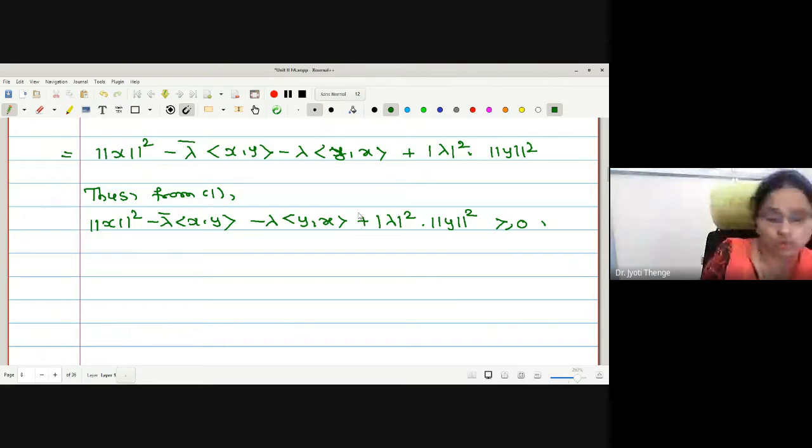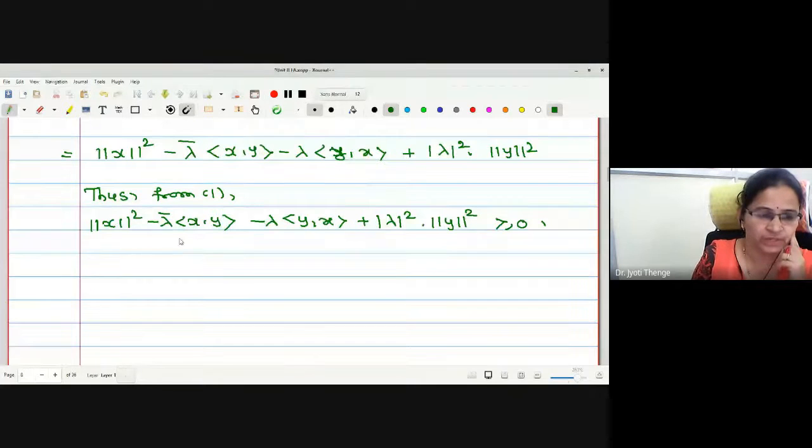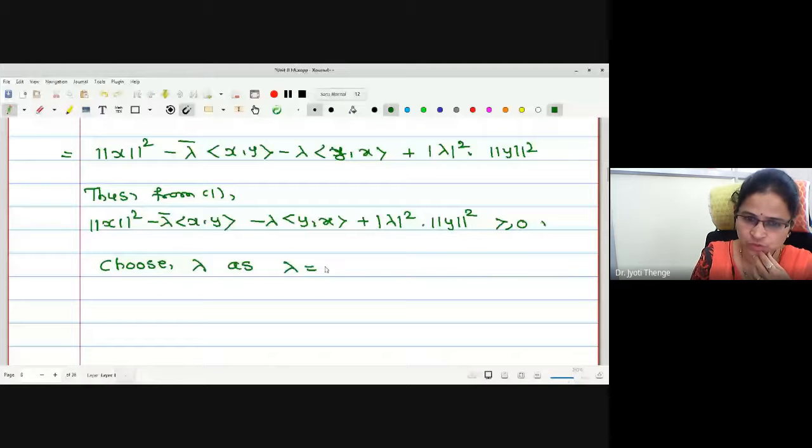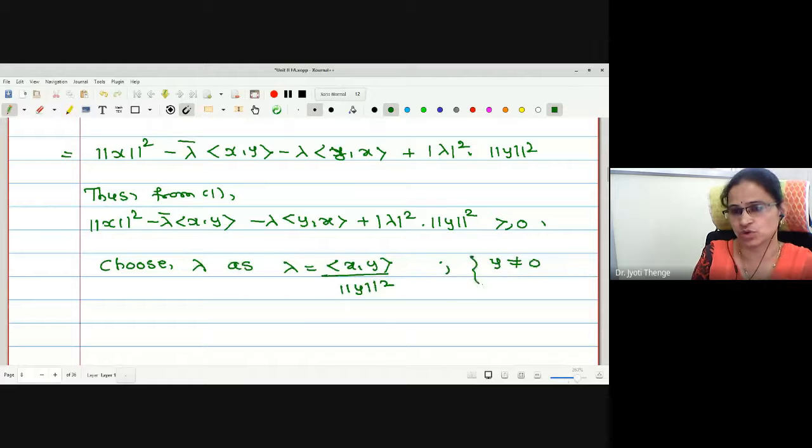Now we want to put the specific value of the scalar lambda so that our result is going to hold. Therefore we will choose lambda equals inner product xy upon norm square of y. We have already y not equal to 0, na?